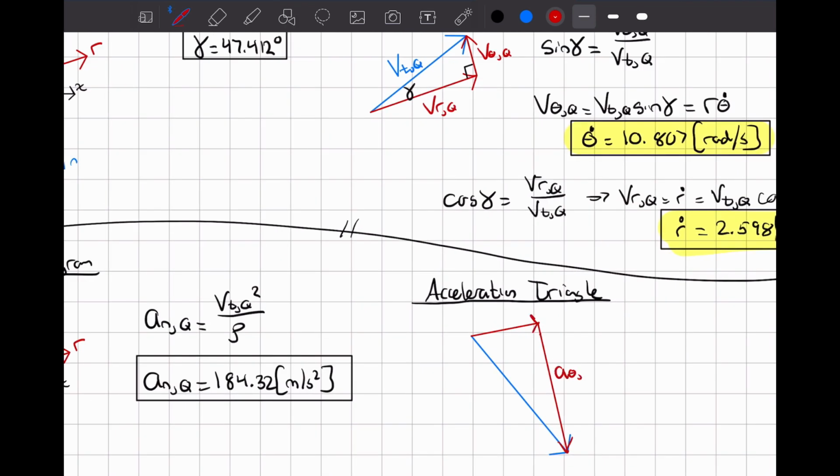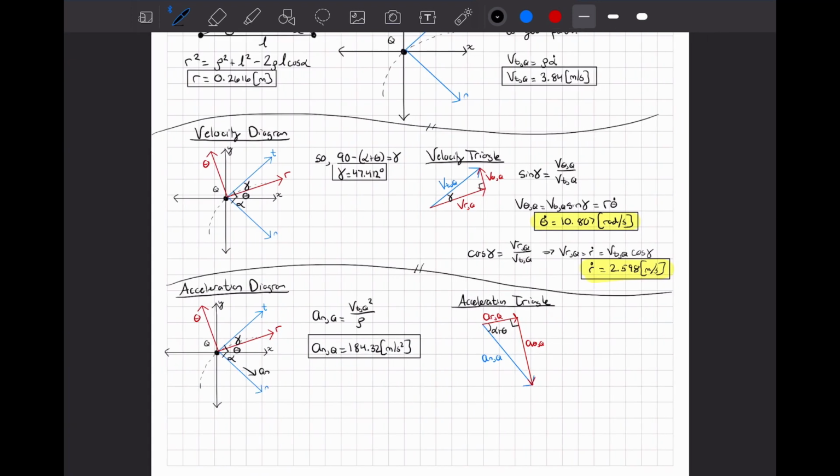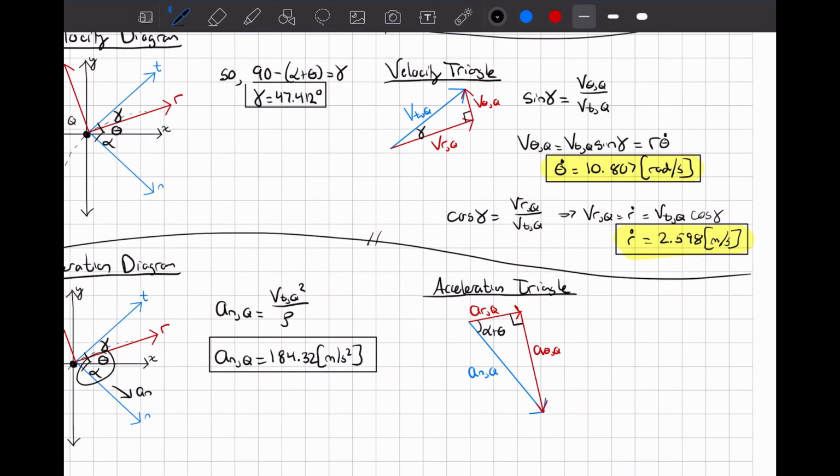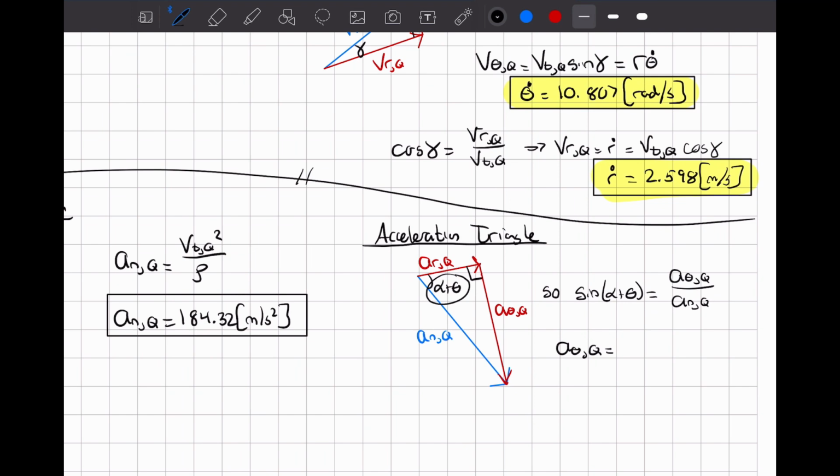Then using our concept of the acceleration triangle, we can write in our values for a_r of Q, a_theta of Q, and a_normal of Q. And since we were very clear and succinct with our coordinate system and our picture, we can see that the angle between the radial and normal components of the acceleration is alpha plus theta.